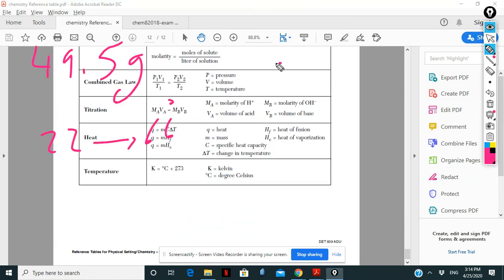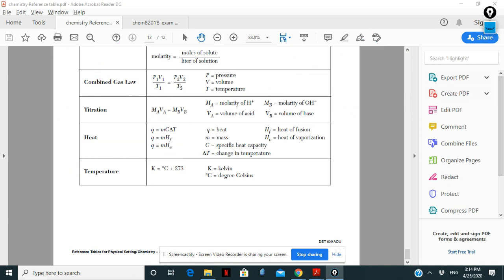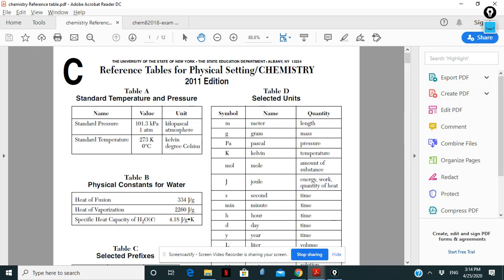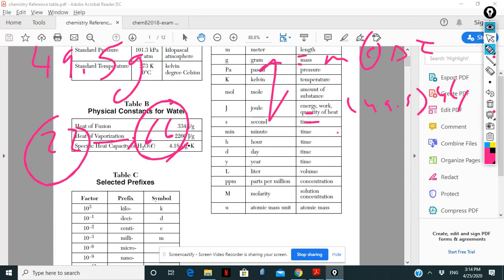So I'm using Q equals m c delta T. Delta T is 44, because 66 minus 22, and the mass is 49.5. Now the c is in the reference sheet, the first page, the specific heat of water, which is 4.18.